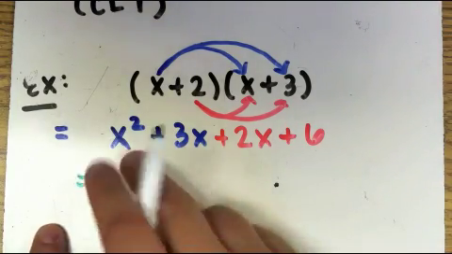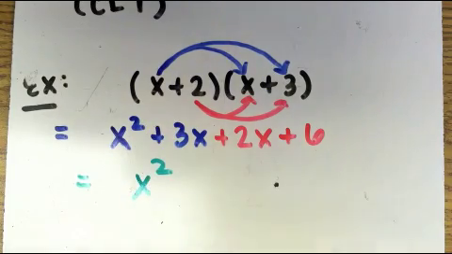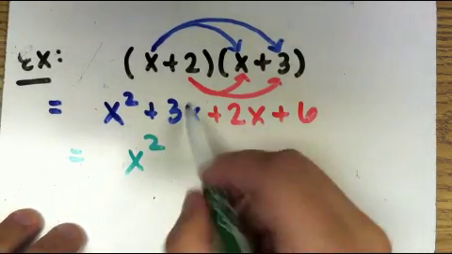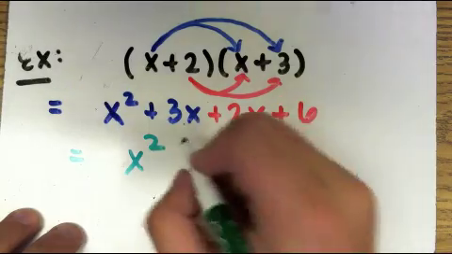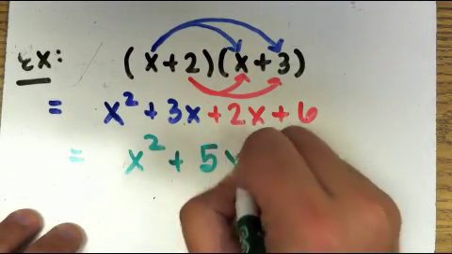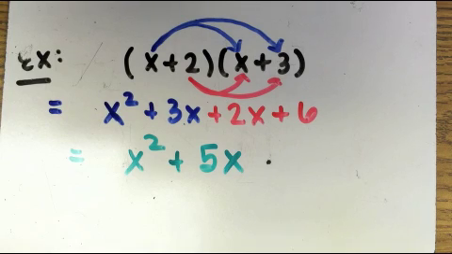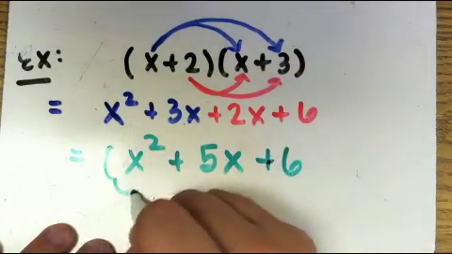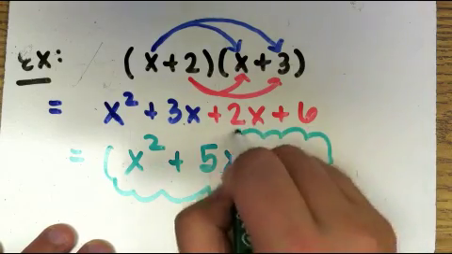So I see x squared. Is there anything to combine that with? No, I don't see any other squared terms in here. But I do see 3x's and 2x's, so that'll give us 5x's. No, it is not 5x squared. It's just 5x. And then plus 6. And folks, that's it. That is the answer.